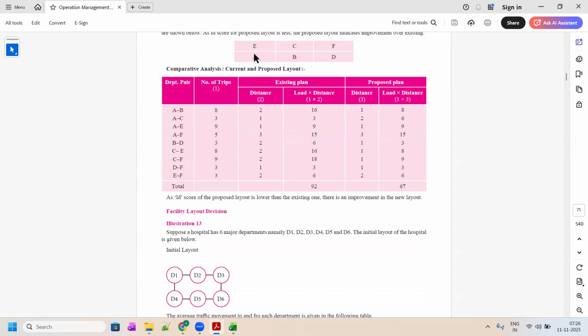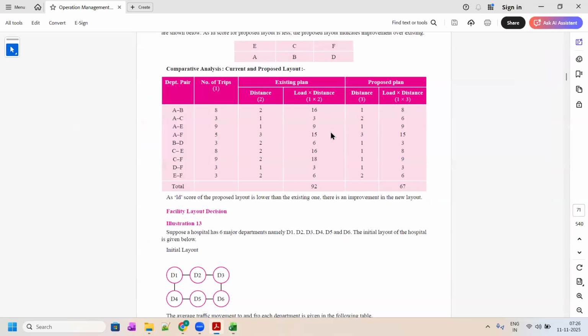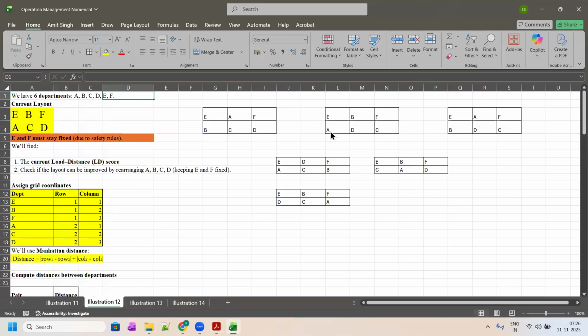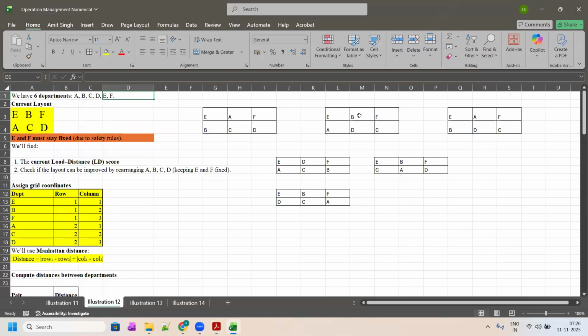So here they're telling us that if you use this setup, E A C B F D, that is E, A, C, B, and then you are left with D, right?